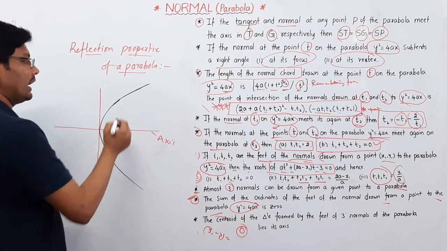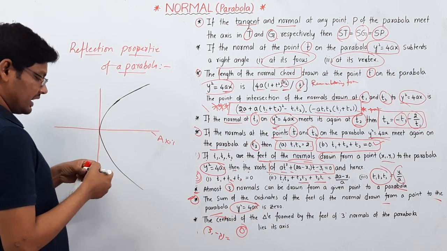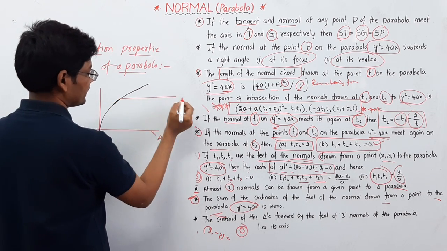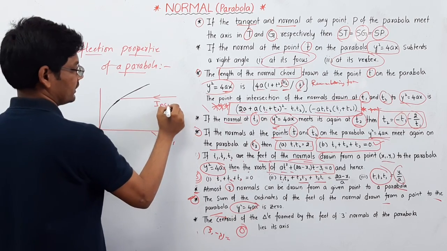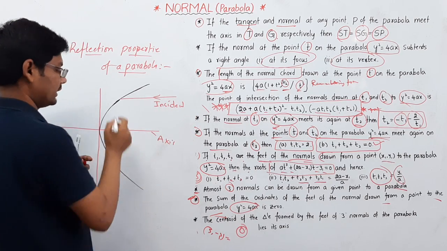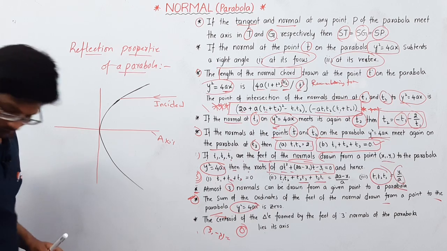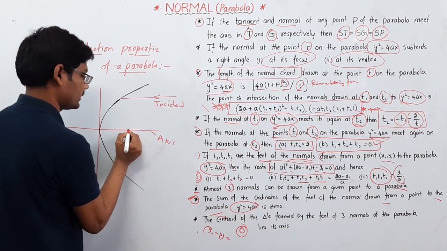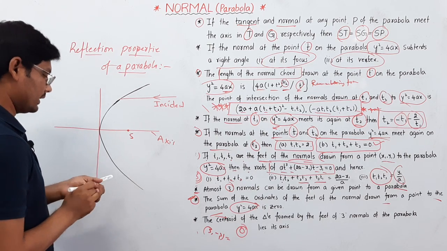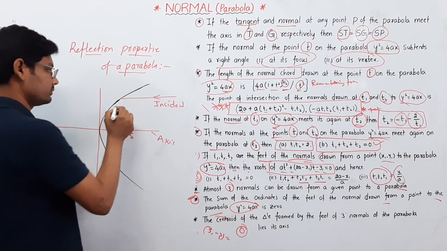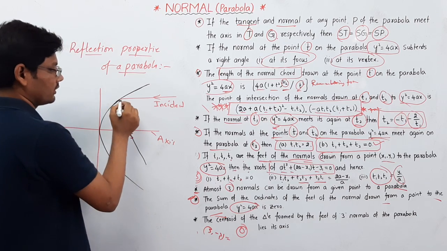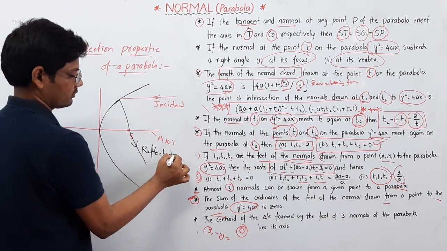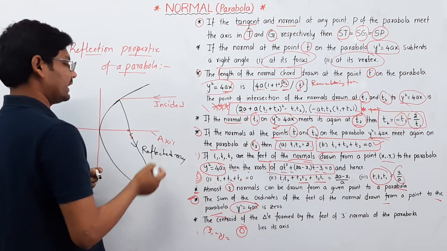A ray is incident on the parabola, this is the incident ray, and it is reflected back. This is the focus and it is reflected back. This is the reflected ray and the incident ray.